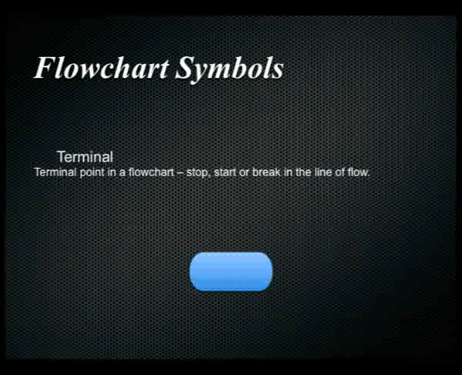The other thing is when we have predefined task blocks that say, hey, this part of the solution is described somewhere else in a separate flowchart, generally when you go to that flowchart of that predefined task, the starting terminal block will in fact not have start or begin in it, but will have the name of the particular predefined task.